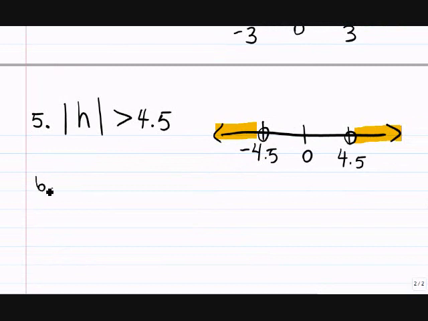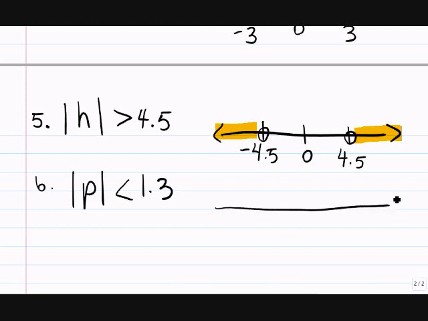Okay, next problem is the absolute value of p is less than 1.3. Okay, darling, turn around.